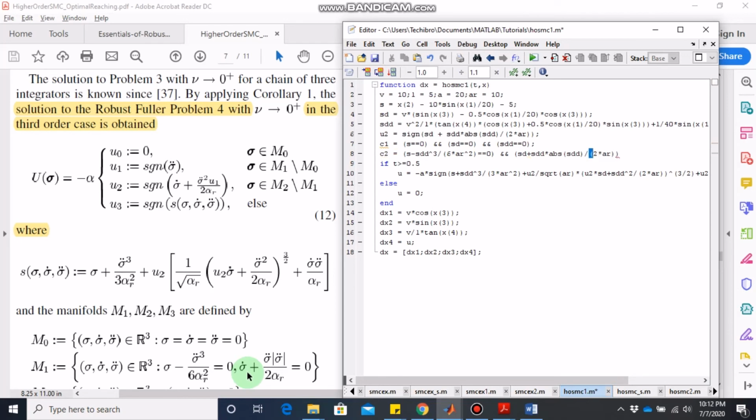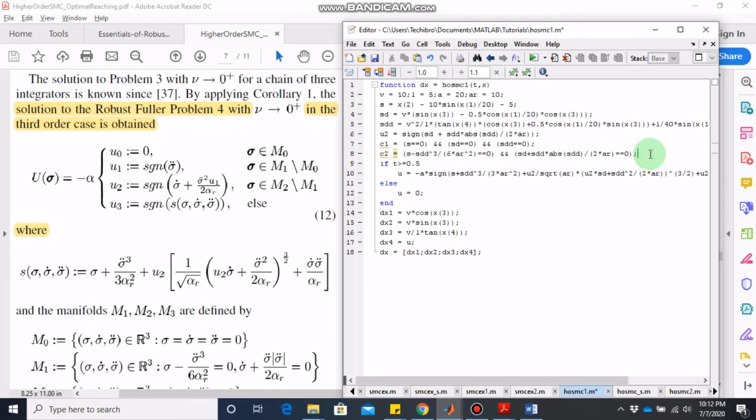This has to be equal to 0. So this is the second condition, sd plus s double dot multiplied by the absolute value of s double dot divided by 2 alpha r, with a double equal sign, equal 0. So this is condition 2.